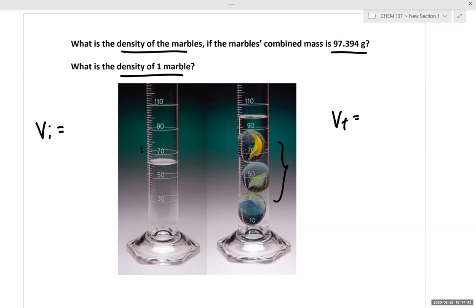The responses I'm seeing in the chat look reasonable so far. Just make sure you're following the significant figure rules for subtraction and division. We'll discuss this example in about another 2 minutes.